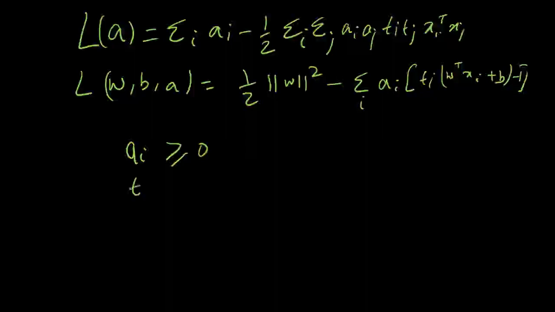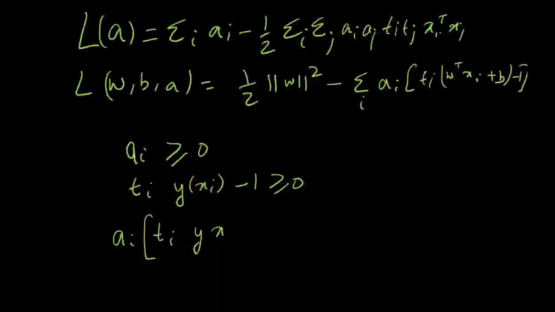Then we will have t_i times y(x_i), y as a function of x_i, minus 1 greater than or equal to 0, and the two together, a_i times that term, will be equal to 0.